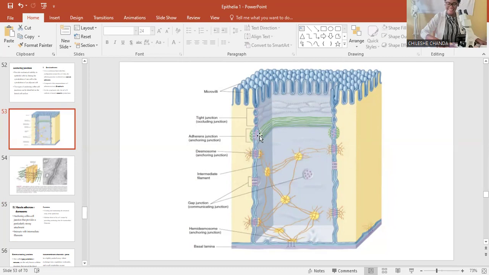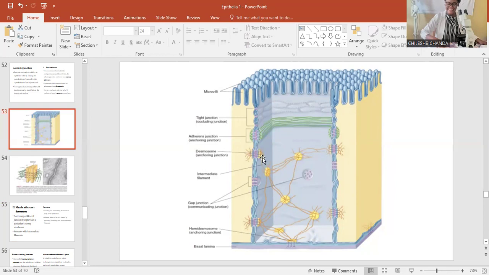So remember, initially we talked about anchoring junctions, and we said that they are of different types. The first type is the adherent junction, the zonular adherens, and this is the one that looks like a belt around the cell. And then we have the second one, which is the desmosome.